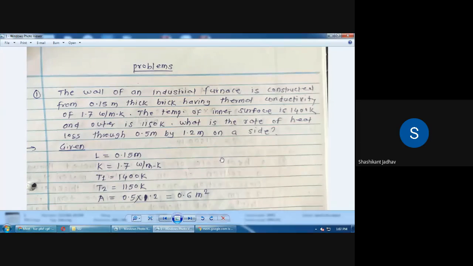What is the notation for that? dx or L. So dx is nothing but 0.15. Put those values into the equation and find out the value of the rate of heat loss through the brick wall.